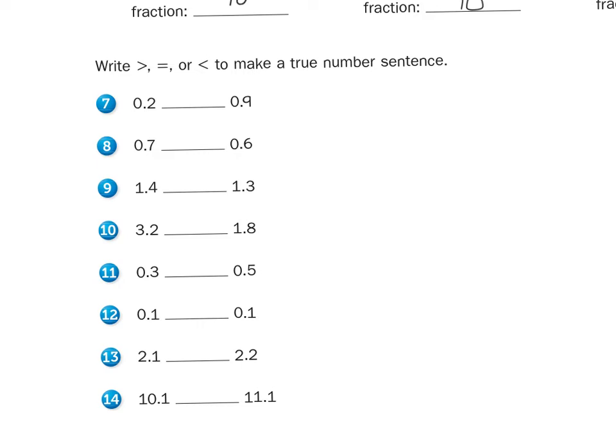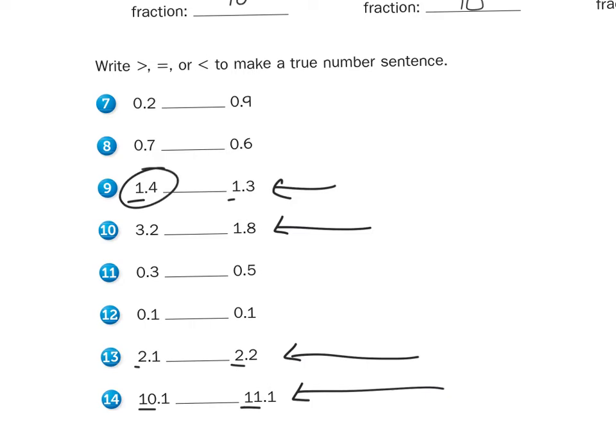Now some of the trickier ones, you're going to have to pay attention here and here and here and here because they have whole numbers attached to them. That means it is 1 whole plus some more.